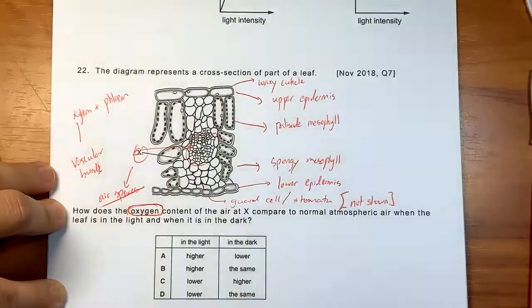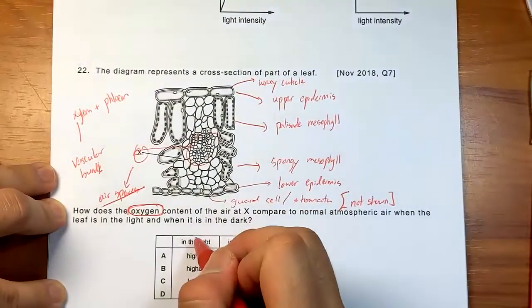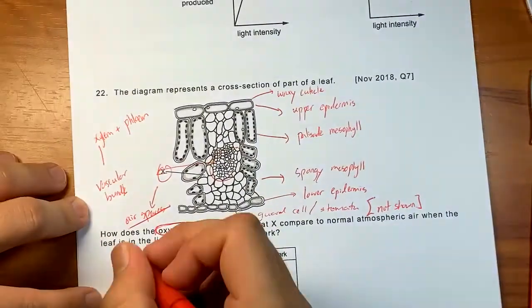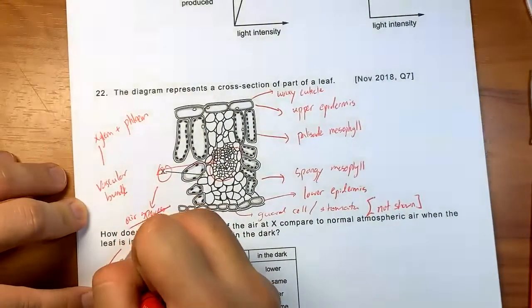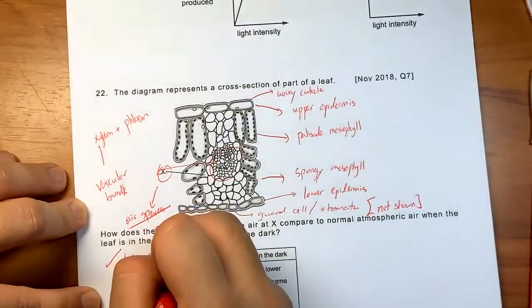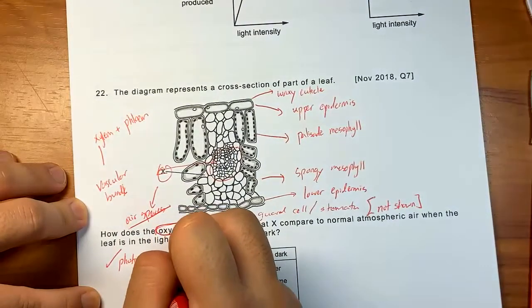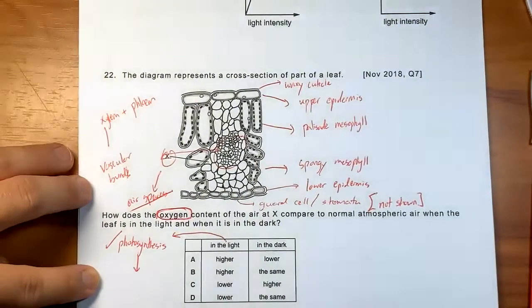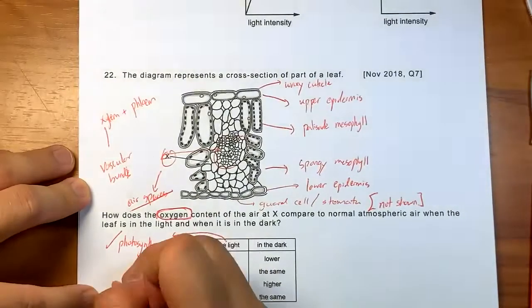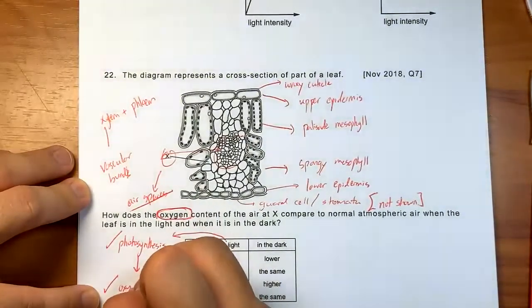And you should be able to know that in the light, when there is light, that means yes, photosynthesis. And if they do photosynthesis, that means yes, oxygen.